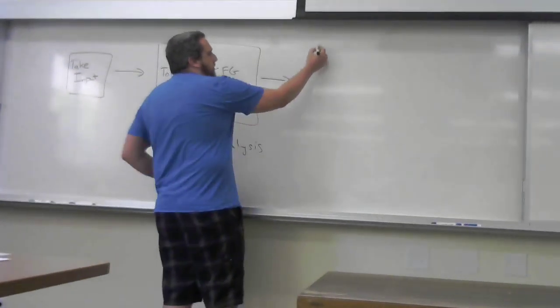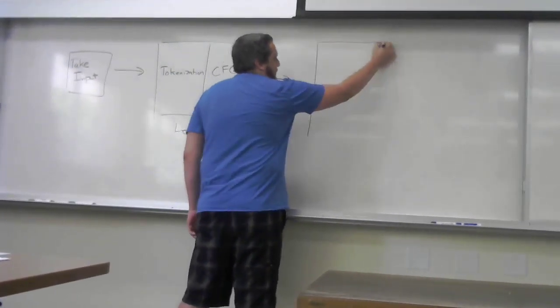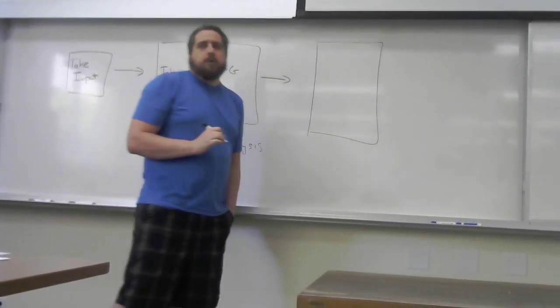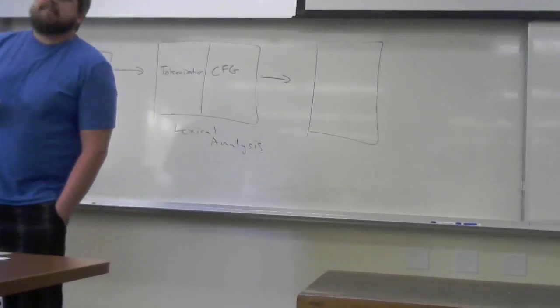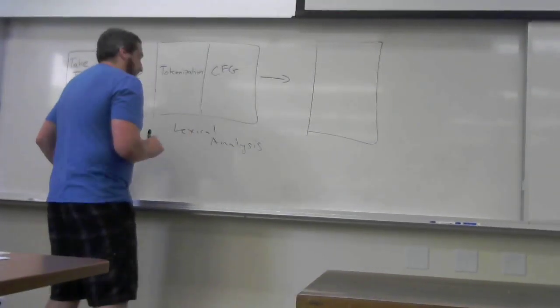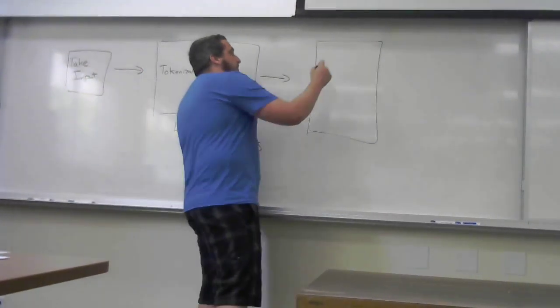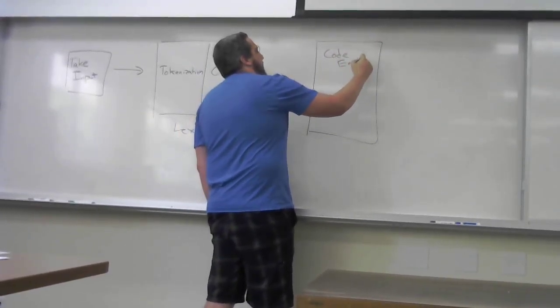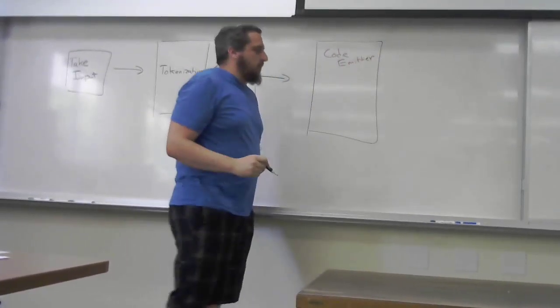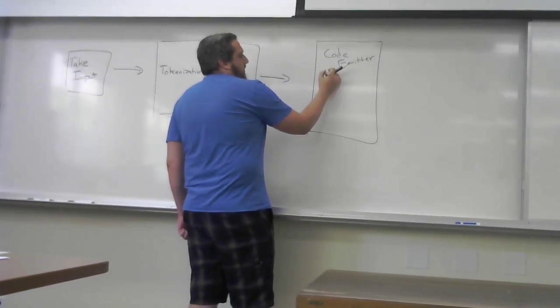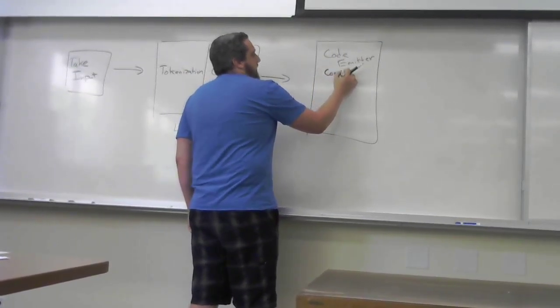There are two different parts that we need to do based upon whether we're writing a compiler or writing an interpreter. Right, so we have the code emitter. The code emitter is used when you're writing a compiler.